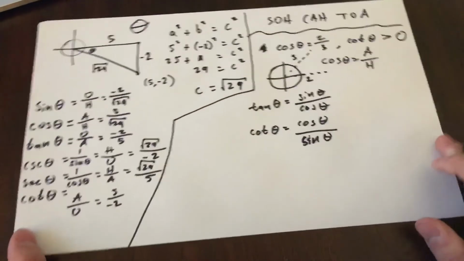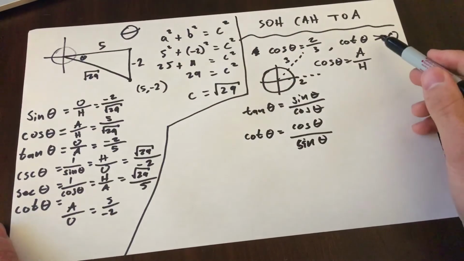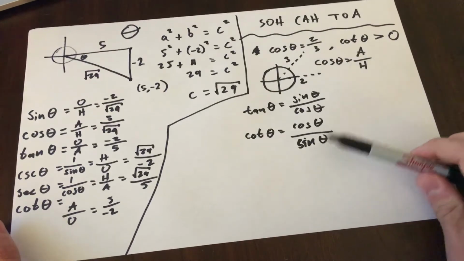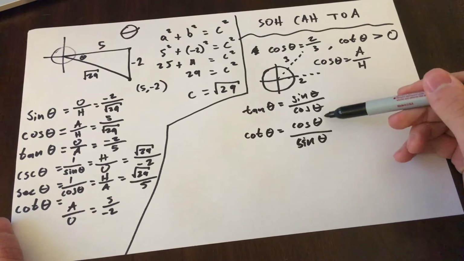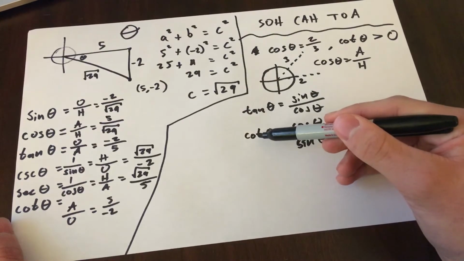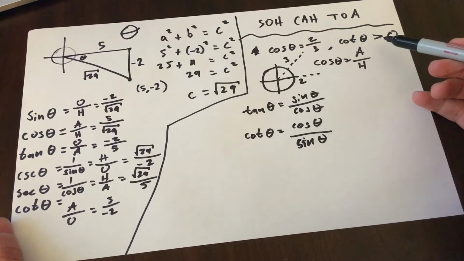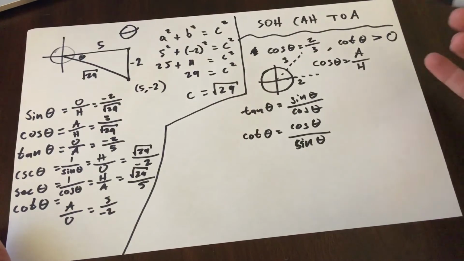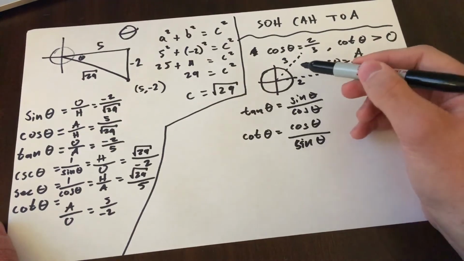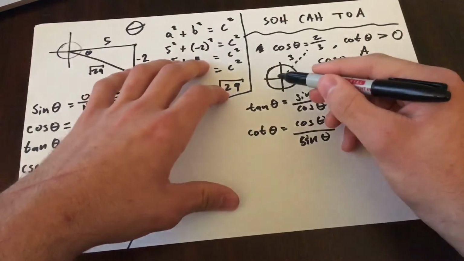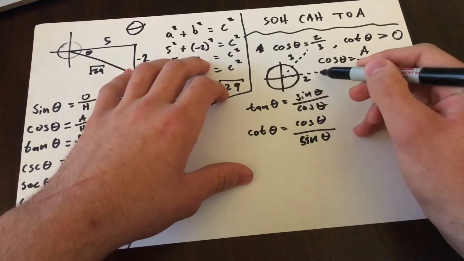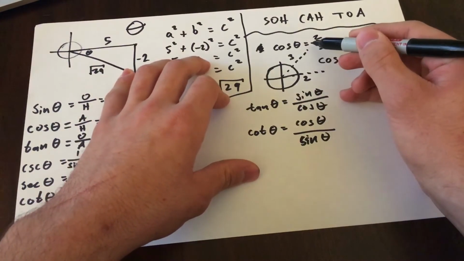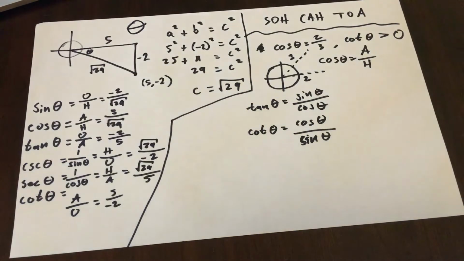So basically what this is telling us is that sine and cosine have to be positive, because if either of them were negative, then cotangent would also be negative. This tells us we're looking in the right place, because our cosine right there, which is 2, is positive, and our sine over there is also going to be positive.